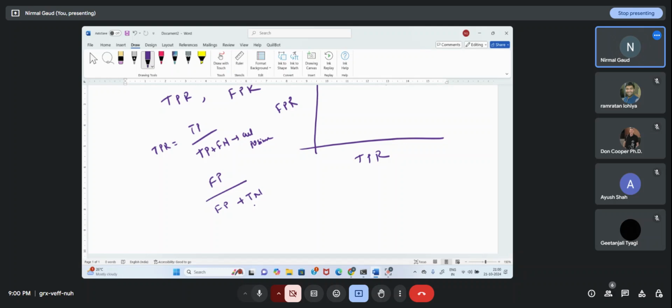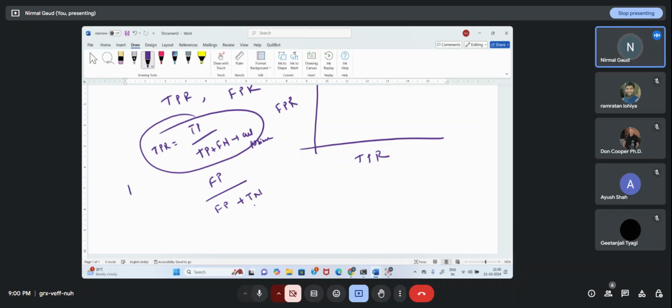And what does it mean? TP rate means the number of instances correctly classified for a given class.